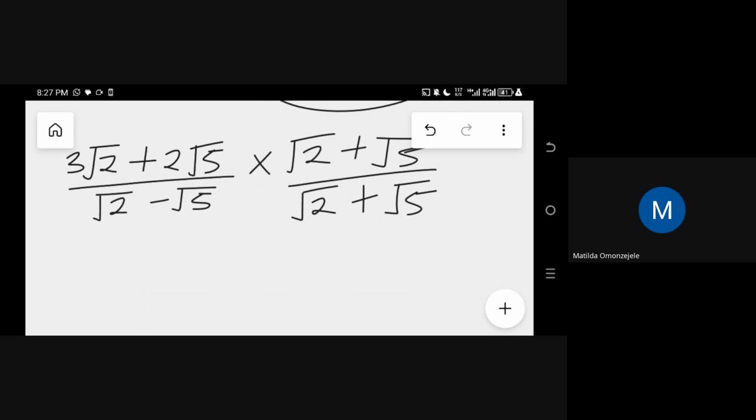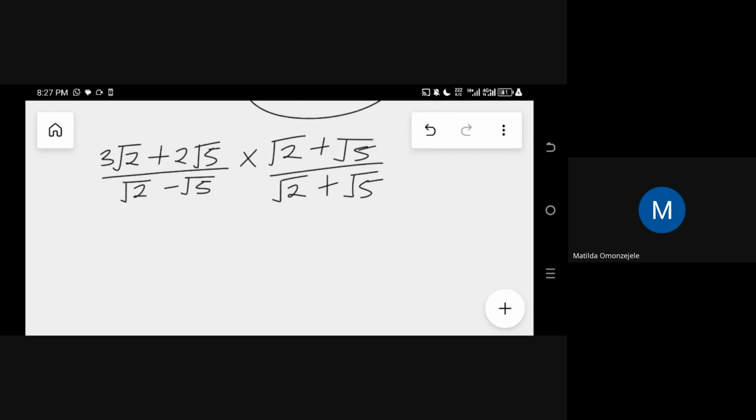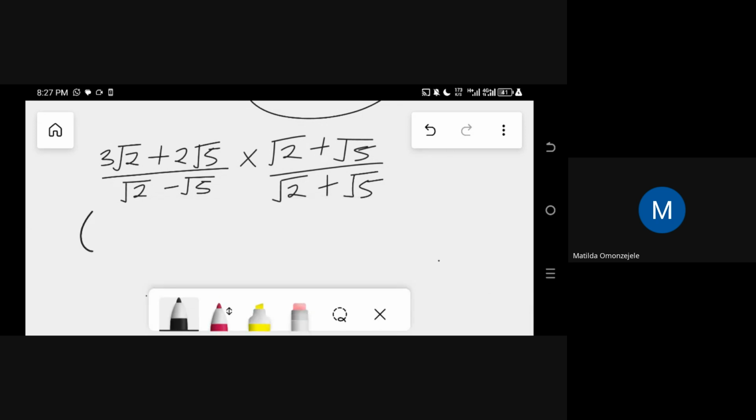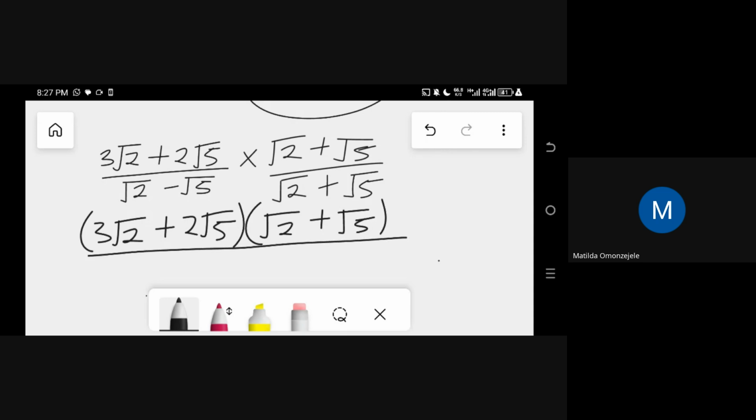And then when we do this, we can arrange the result like this. In the brackets, 3 root 2 plus 2 root 5, multiplying root 2 plus root 5, over root 2 minus root 5, multiplying root 2 plus root 5.